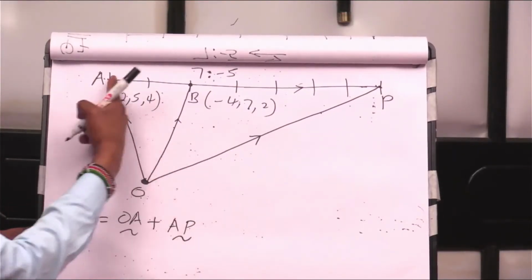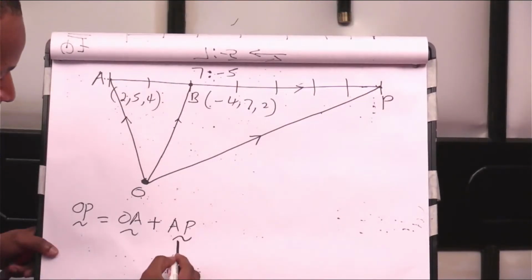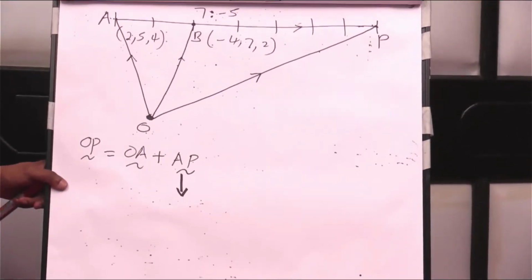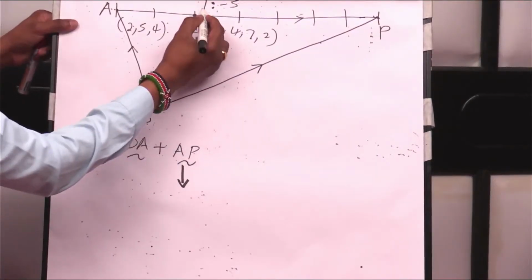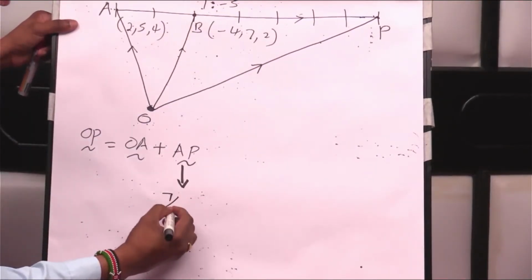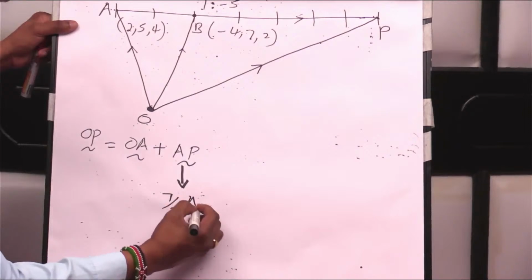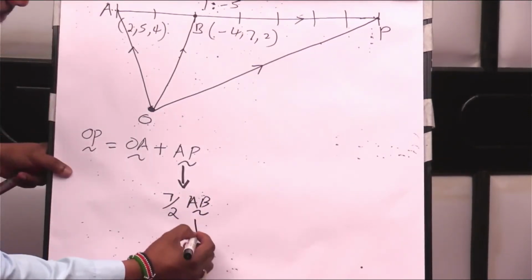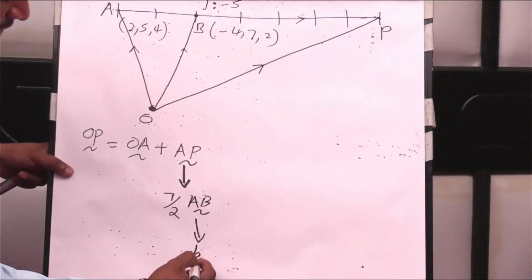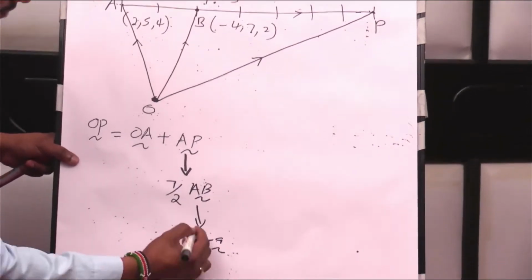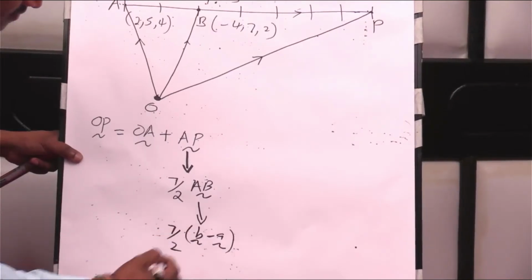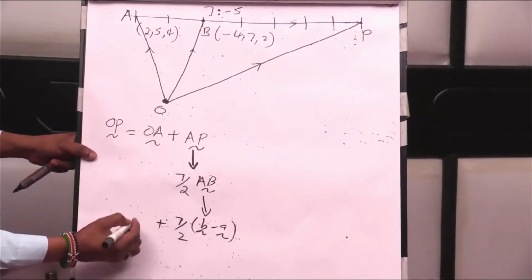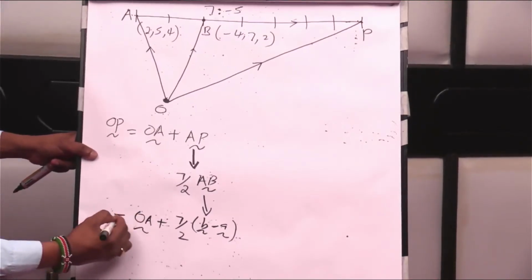But AP, pay attention, AP equals 7 over the total ratio, which is 2, of AB. But AB means B minus A, of 7 over 2. Then you drop this plus, drop this OA, then OP.